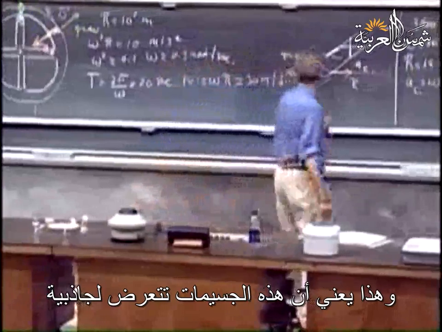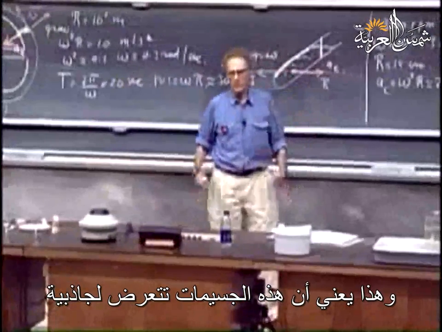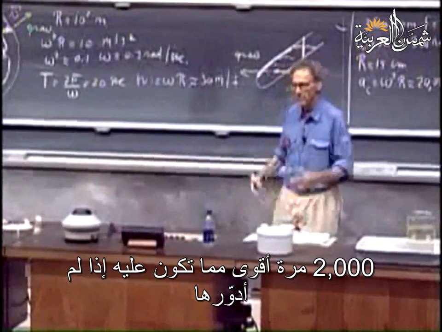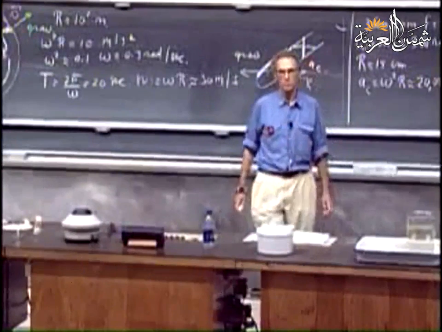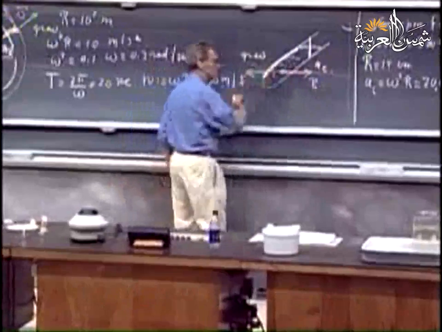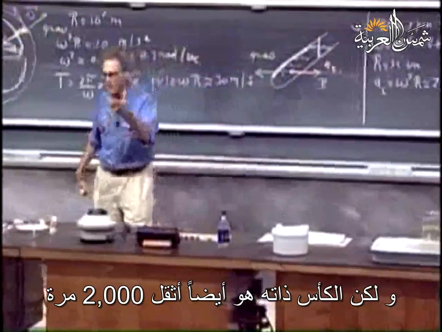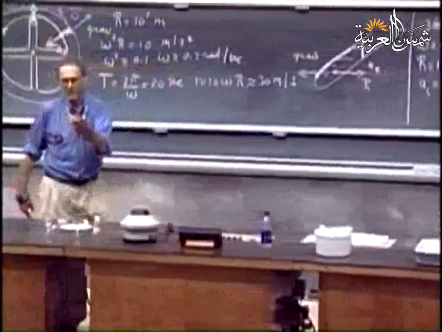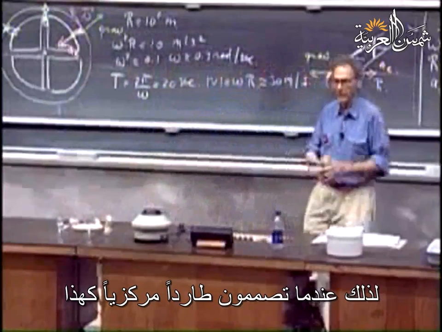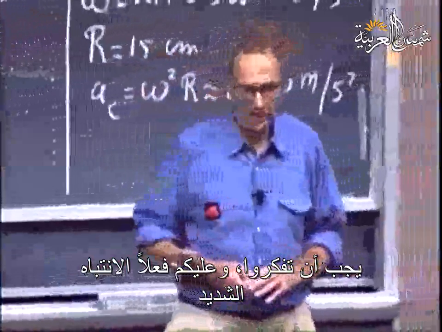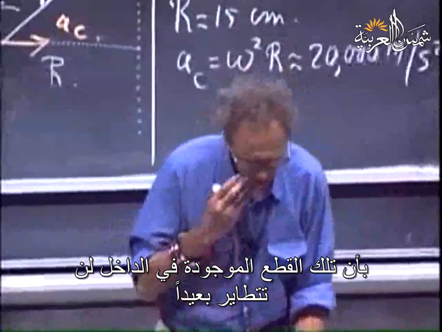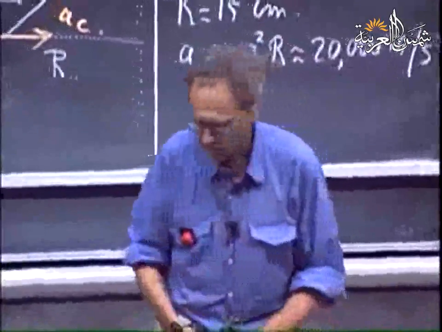It means that these particles experience gravity which is 2,000 times stronger than if I don't rotate them. And so they will go to the side here. But the glass itself is also 2,000 times heavier, and therefore the glass can easily break. So when you design a centrifuge like that, you have to think that through very carefully, so that the pieces that are in there don't fly apart.